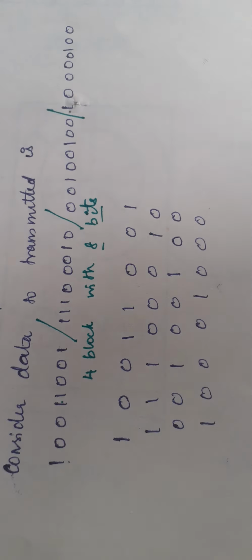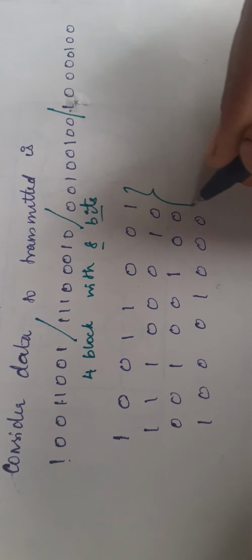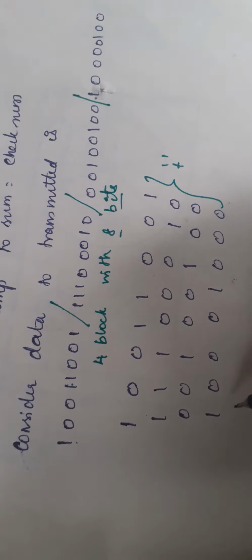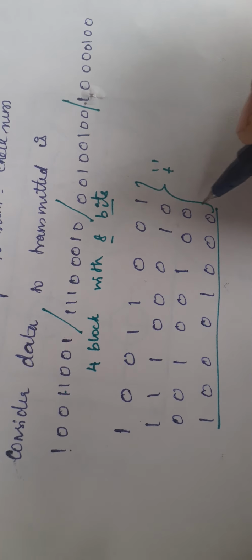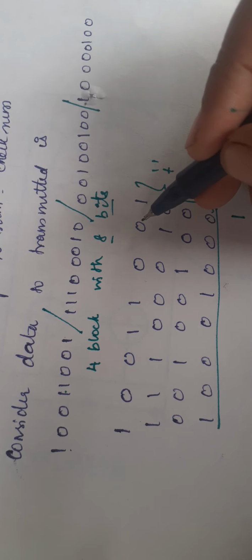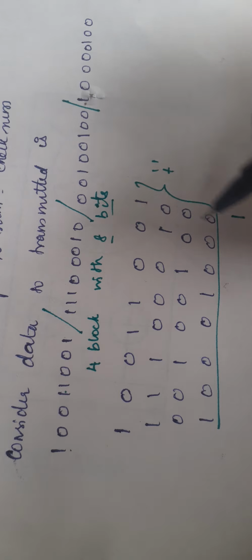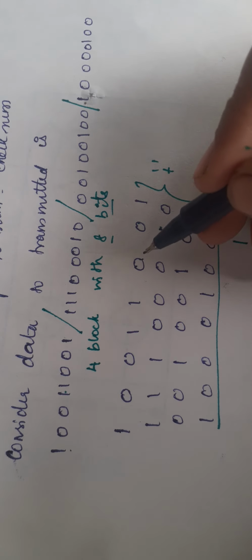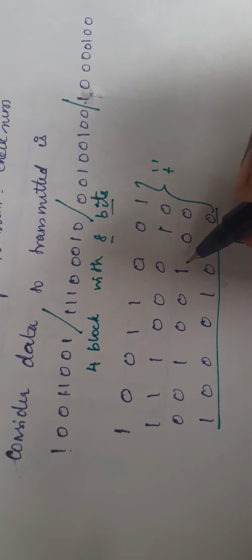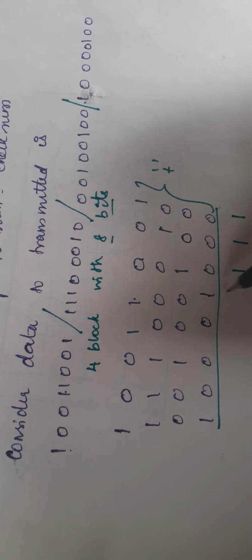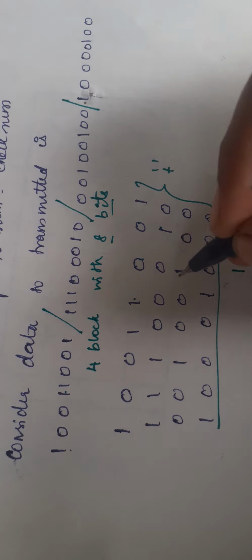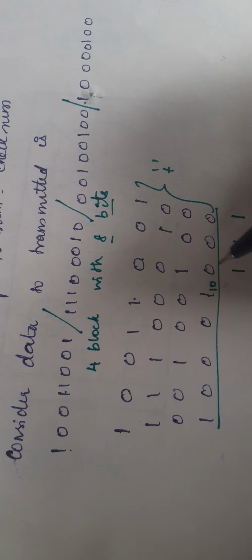Next you have to sum all the values. So first it is 1 plus 0 plus 0 plus 0, it is 1, and here it is 1 plus 0 plus 1, it is 1. So 0 plus 0 plus 1, it is 1, and here you are having two ones. So 1 plus 1, it is 10.